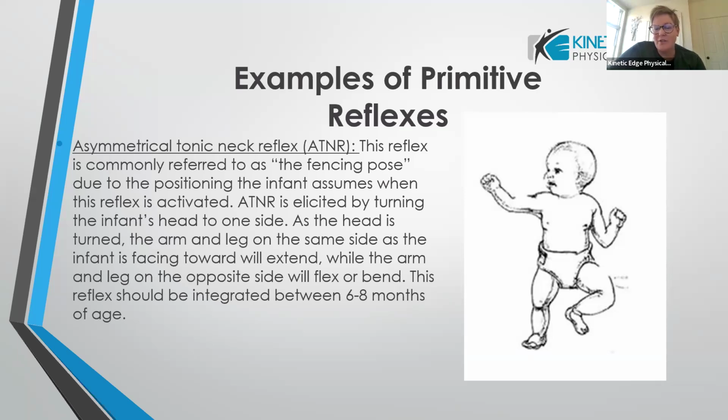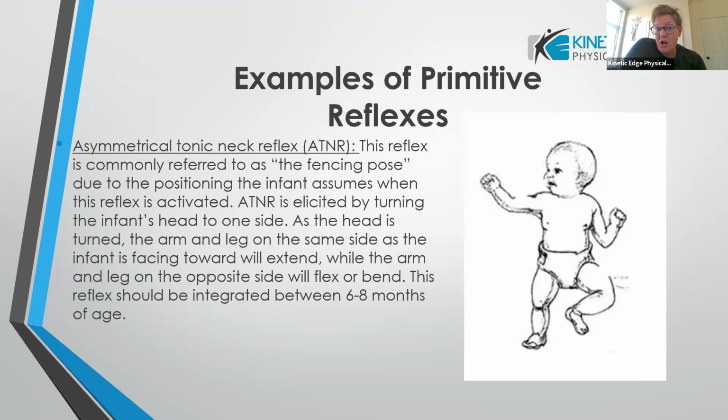So basically when the child's head is turned, that activates the reflex. When they turn their head to the side, the infant will extend the arm that they are facing, and they'll bend the arm and leg on the opposite or the skull side. This reflex is important with a lot of different things for the infant.